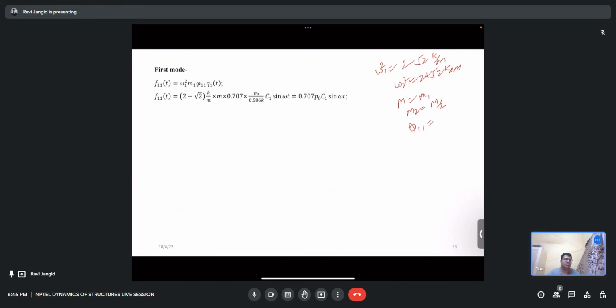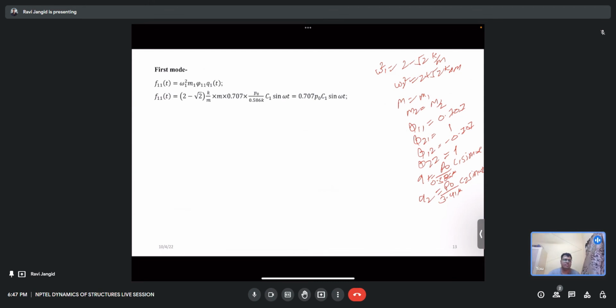Phi 11 is 0.707, phi 21 is 1, phi 12 is minus 0.707, phi 22 is 1, and what is left? Q1 was P naught by 0.586 k C1 sine omega t. Q2 was P naught by 3.41 k C2 sine omega t. So these are the things we need to put in this equation.